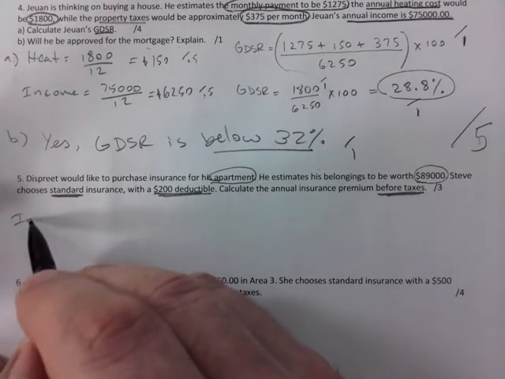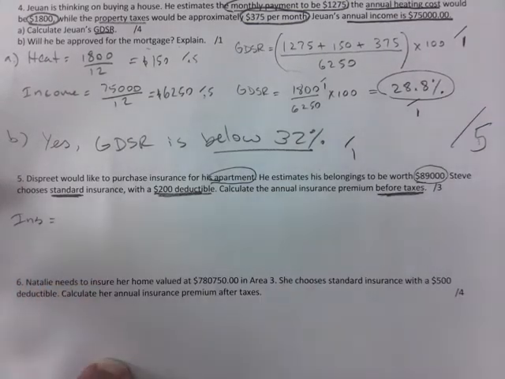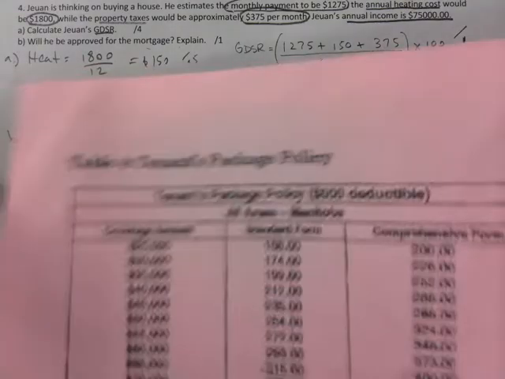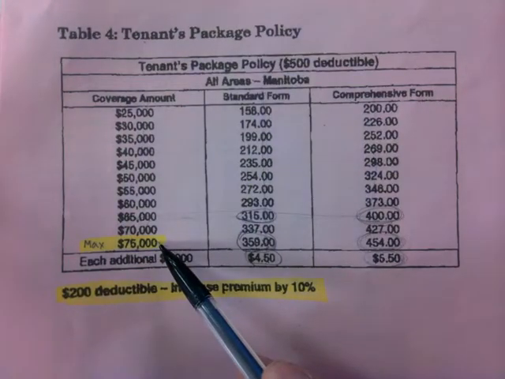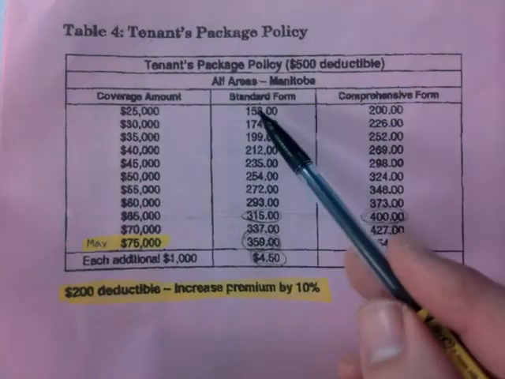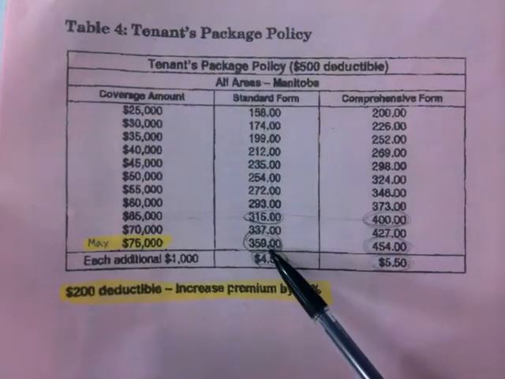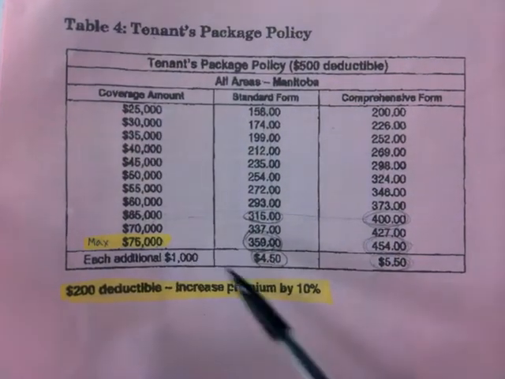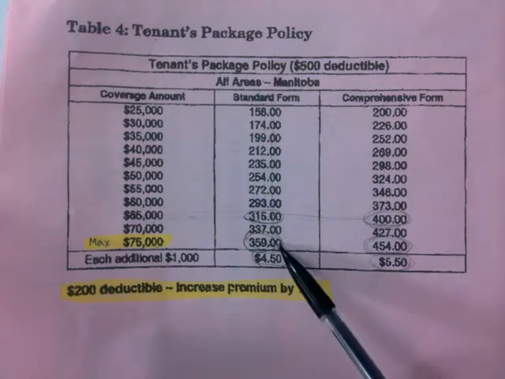So I'm going to go to insurance, and I look at the tenant insurance table. You notice that you max out, right? So you grab the 359 and the 450, because for standard, you pay 359 to cover that much. You need to pay extra for anything over.